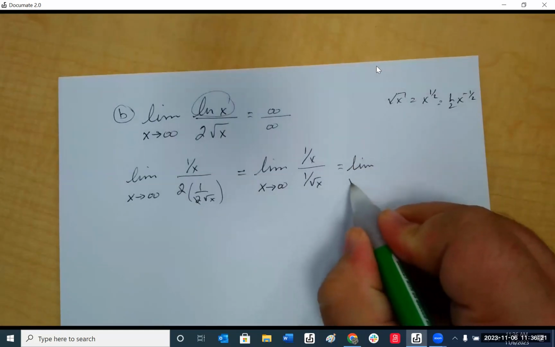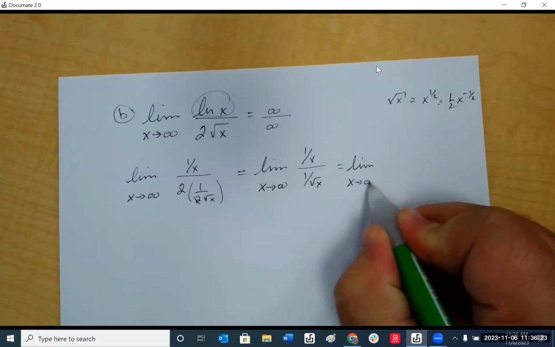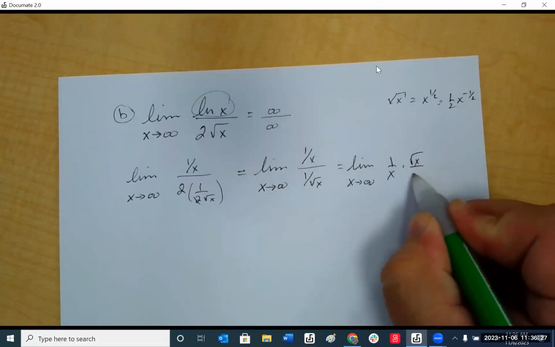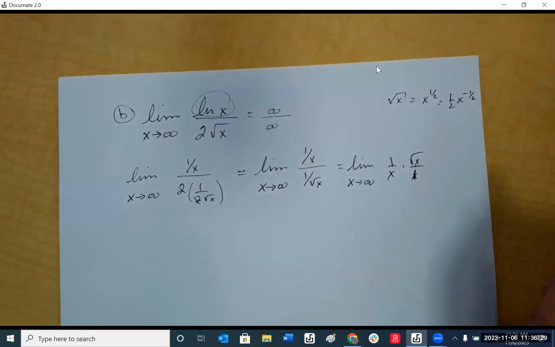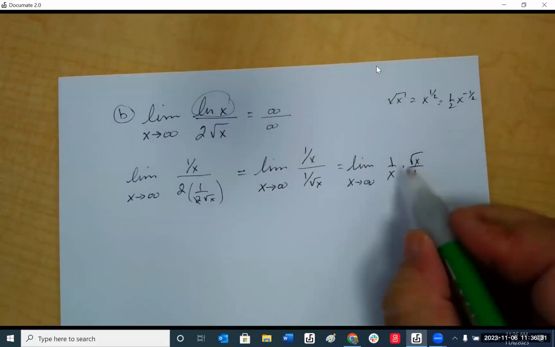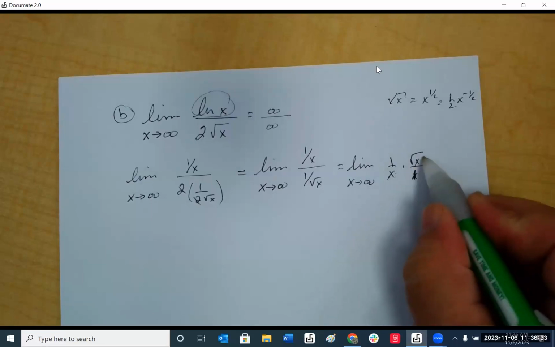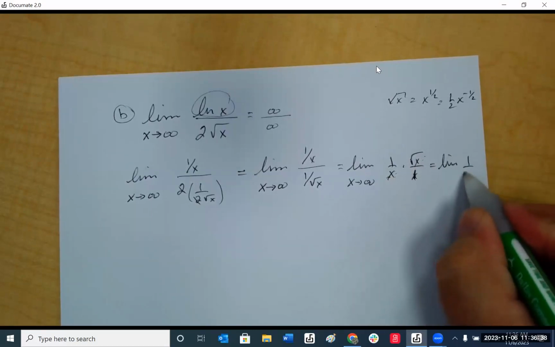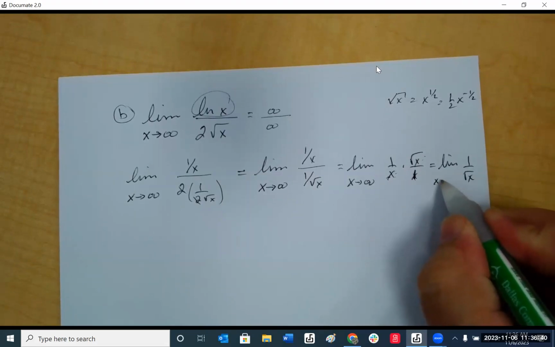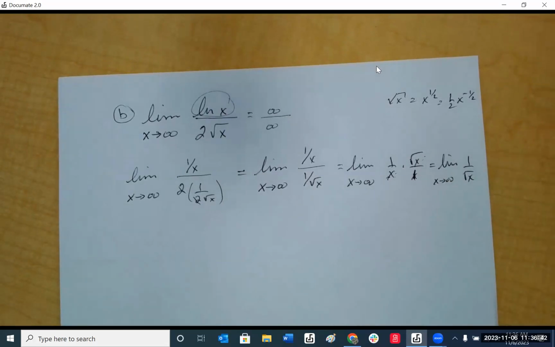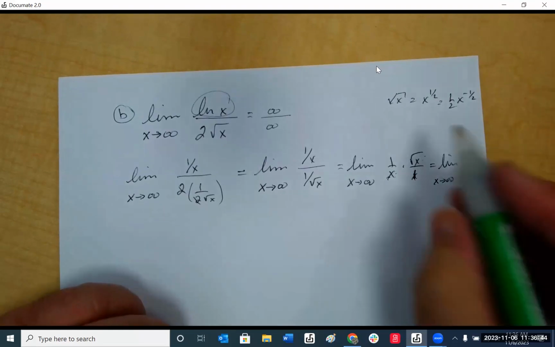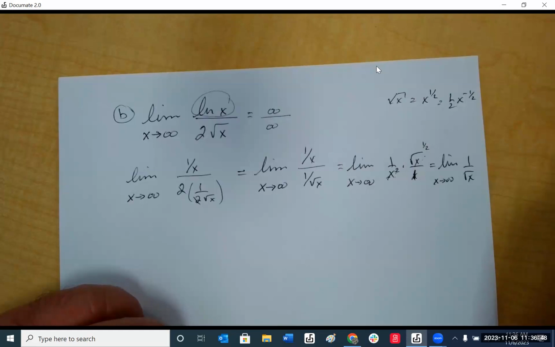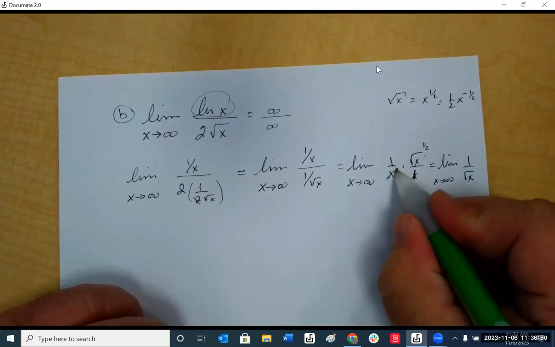We get 1 over x times the flip of the bottom, so 1 over x times radical x over 1. This is x to the first.